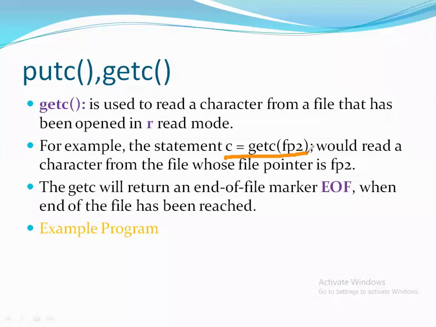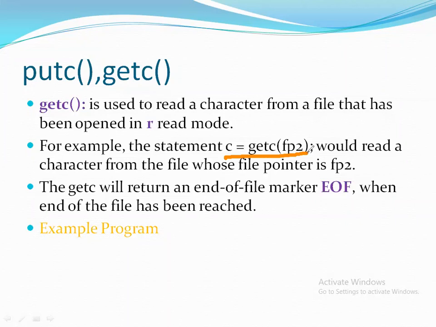We know FP1 or FP2 is a file pointer, linked with a particular file name and mode. So one file is already opened in read mode, and that file is providing access to get the information, one character at a time.